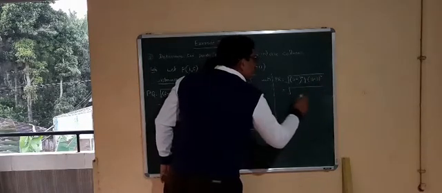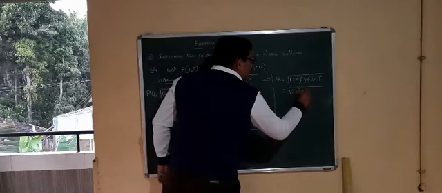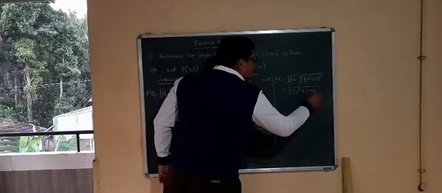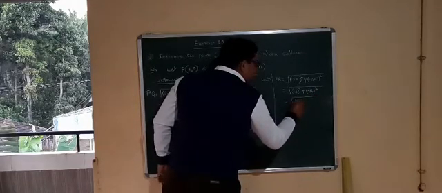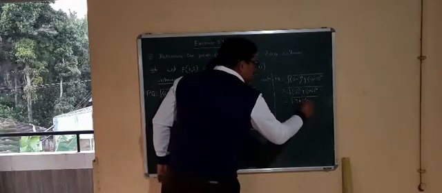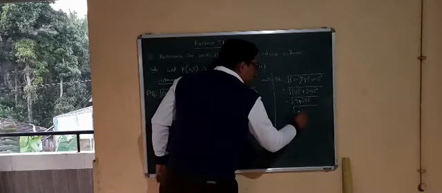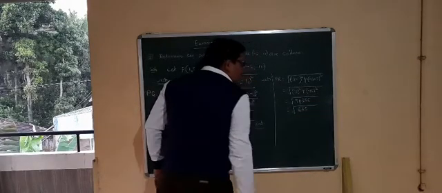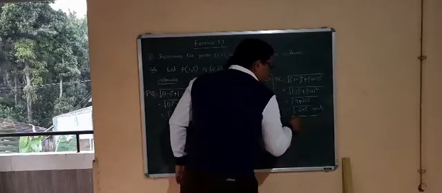So now it becomes minus 3 square plus minus 16 square. Minus 3 square is 9, plus minus 16 square is 256. When we add these two numbers, it is square root of 265 units.